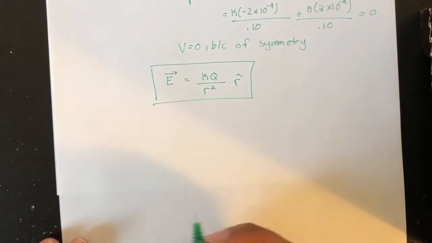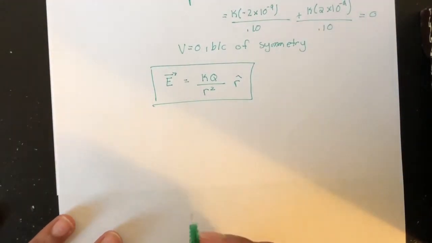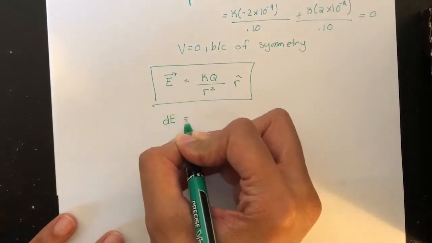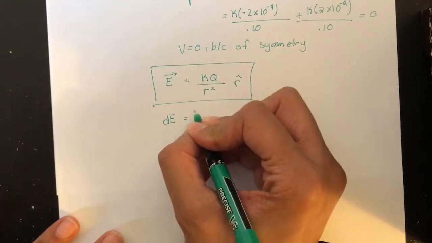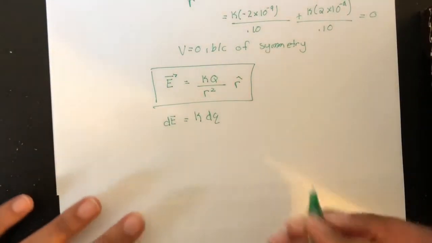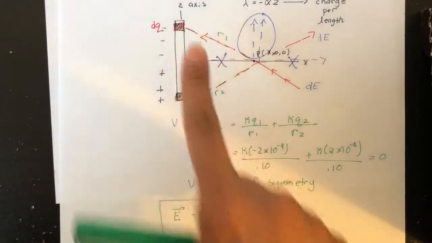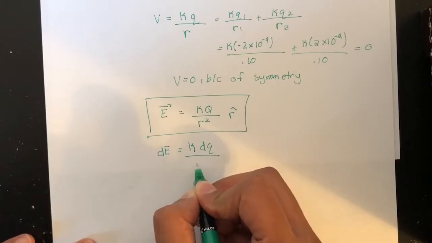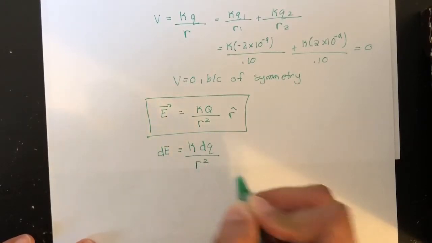However, for our tiny element, the equation is going to be written as dE equals k dq, because tiny is dq, over r squared.